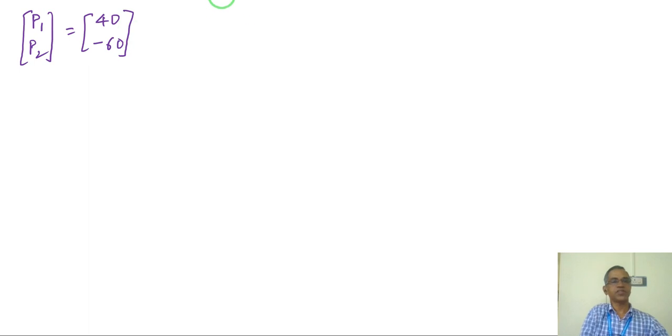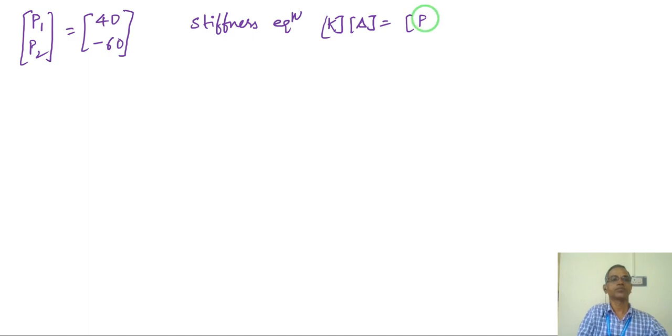So now the stiffness equation is K into delta is nothing but my P minus PL, because there is no other force in the member. It doesn't induce any other forces. Movement is not there.